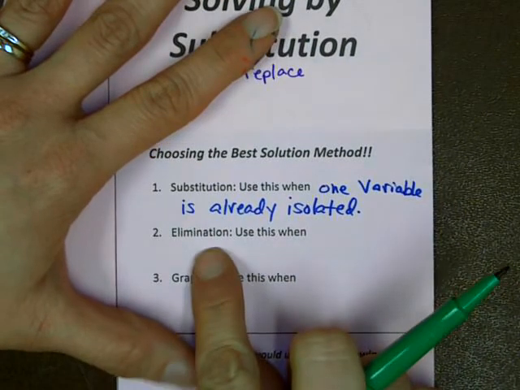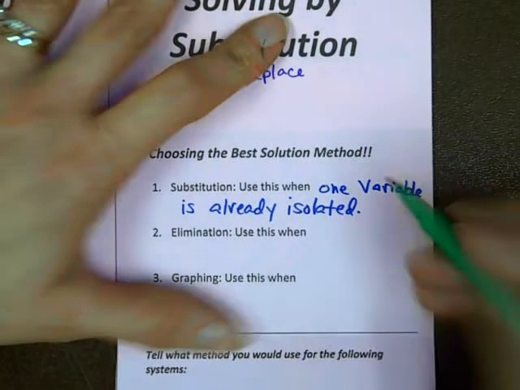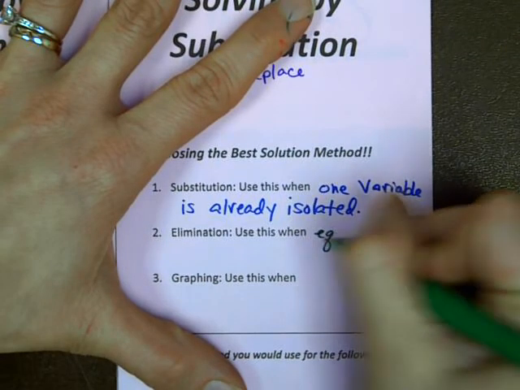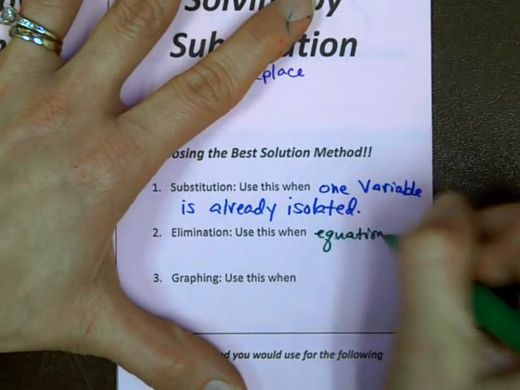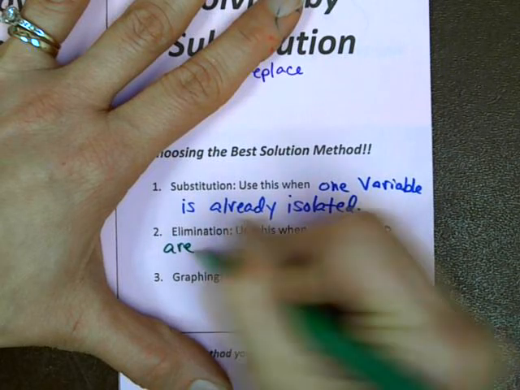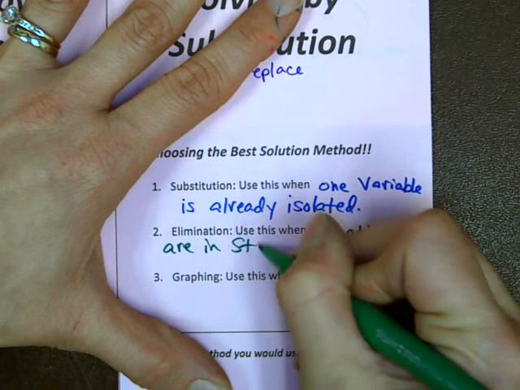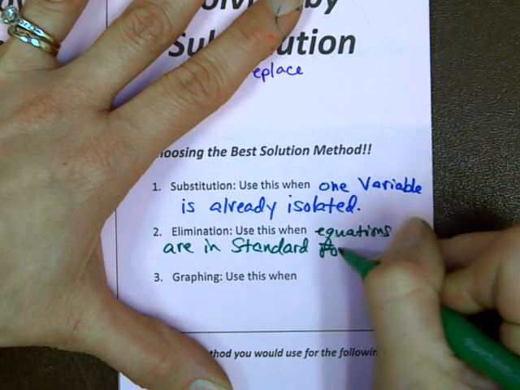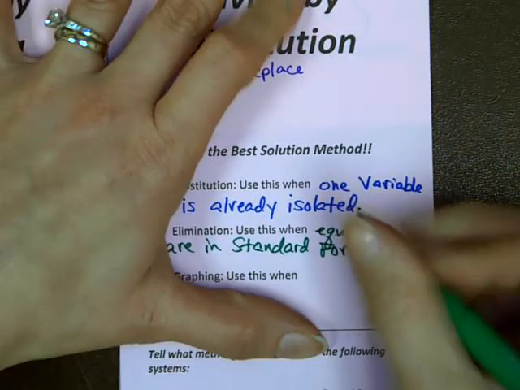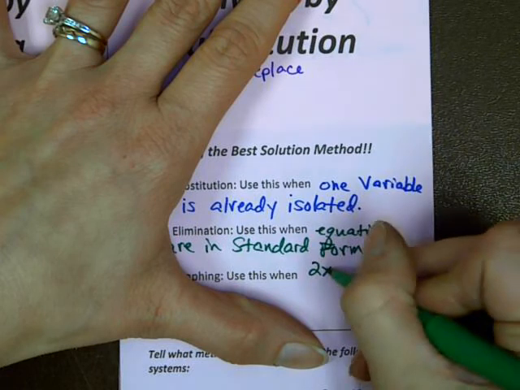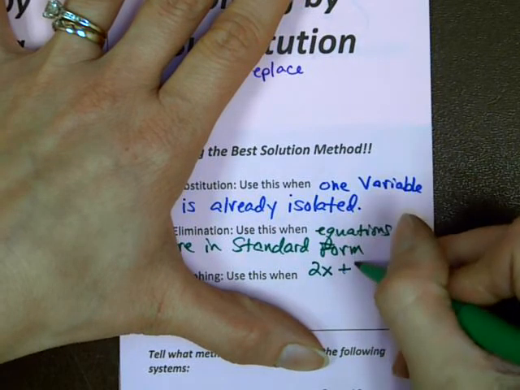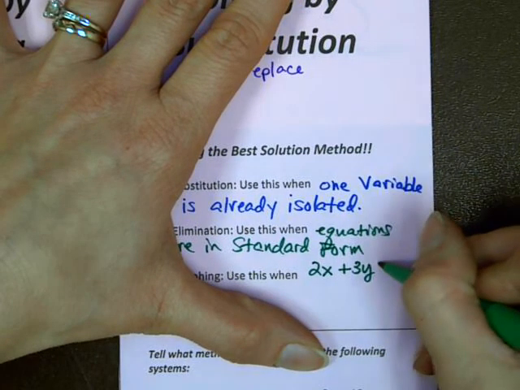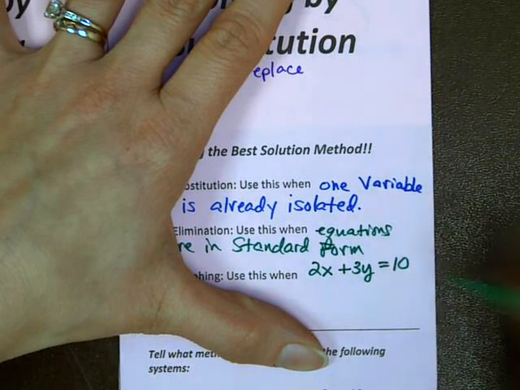Elimination is great, but it's not always the best one to use. It's really good to use elimination when the equations are in standard form. What does that mean? It means 2x, the x's are first, and then the 3y, the y's are next, then the equal sign, and then the constant.